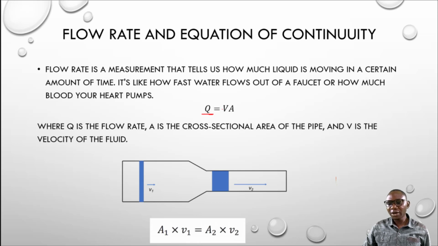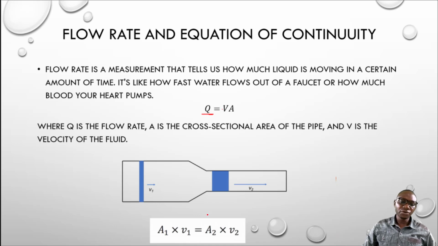From this formula, we can see that flow rate is directly proportional to the area of the pipe and the velocity of the fluid. So if the area of the pipe increases or the velocity of the fluid increases, the flow rate will also increase.